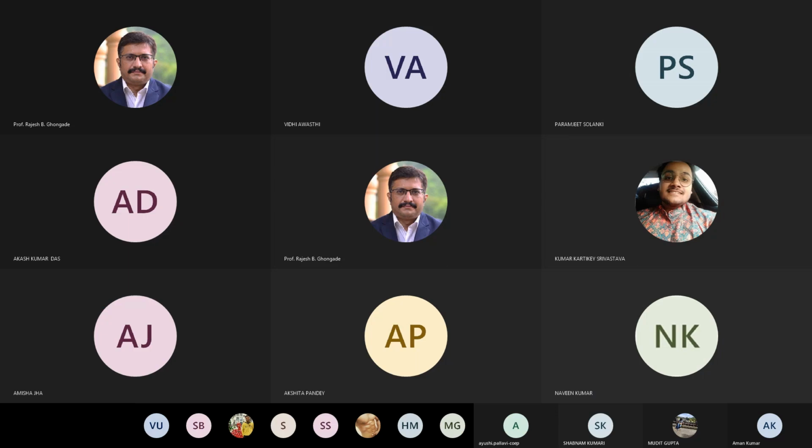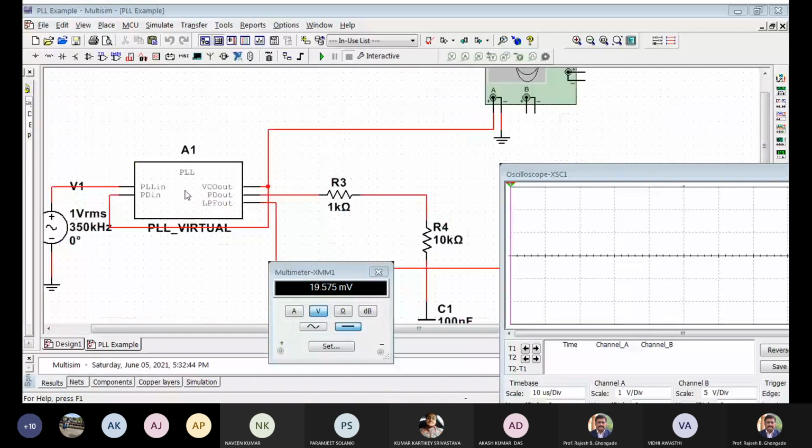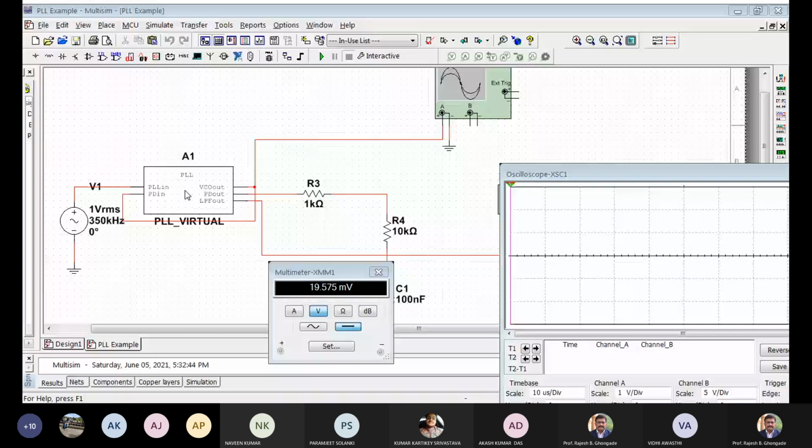Anyways, I just wanted to share with you the last part, that is the simulation demo for the PLL. As you can see, I am using a virtual PLL, which is a model available in Multisim, and we'll see how it really works.